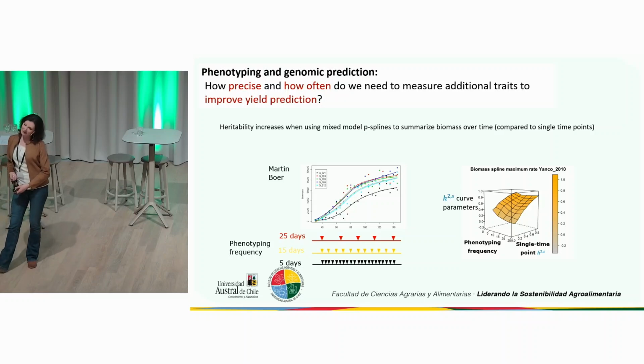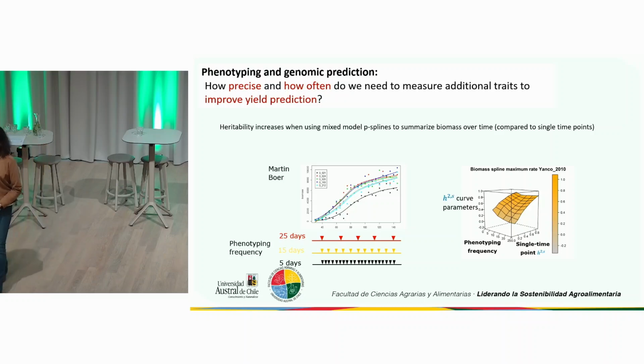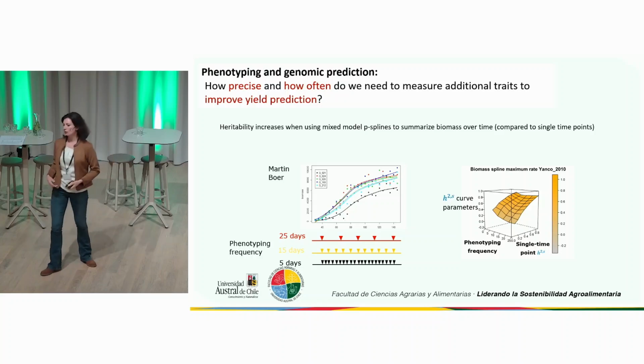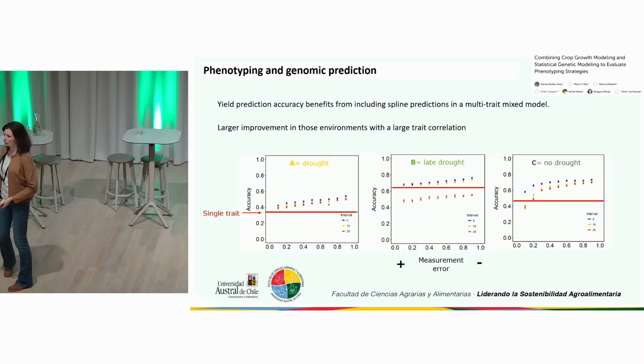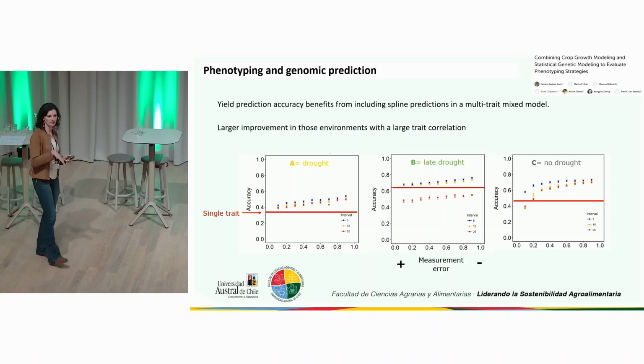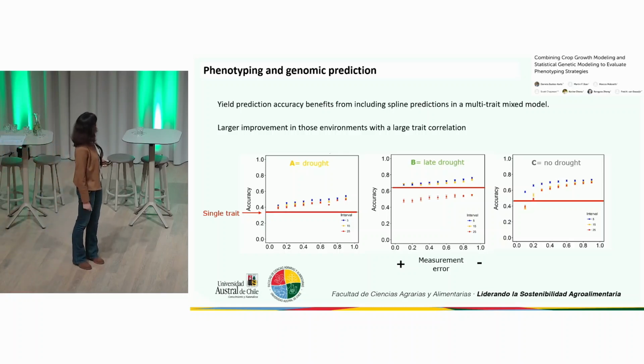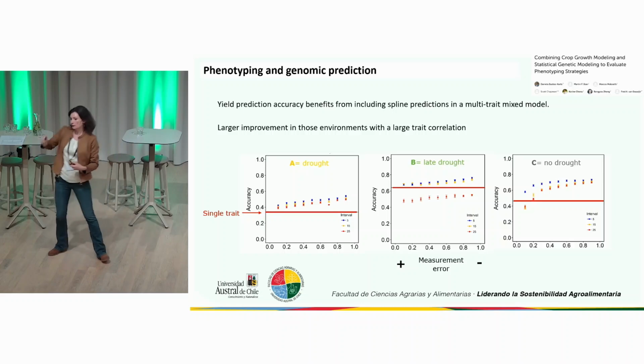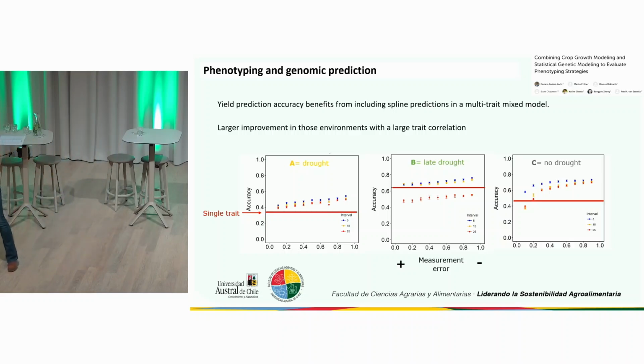But I said, well, is this really so strange? And I went back to my PhD days. There we had done similar work, but with simulations, comparing simulated data, adding different types of errors and measurement schemes and all sorts of things. Even though we know the truth, because we knew the crop growth model that was below the data generating process, immediately there we also saw that for some drought patterns, the horizontal line means predicting yield from yield, and the points mean predicting yield from yield plus something else.